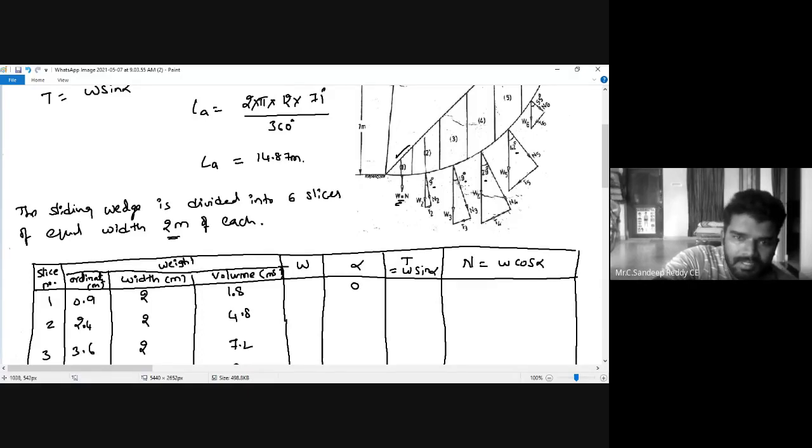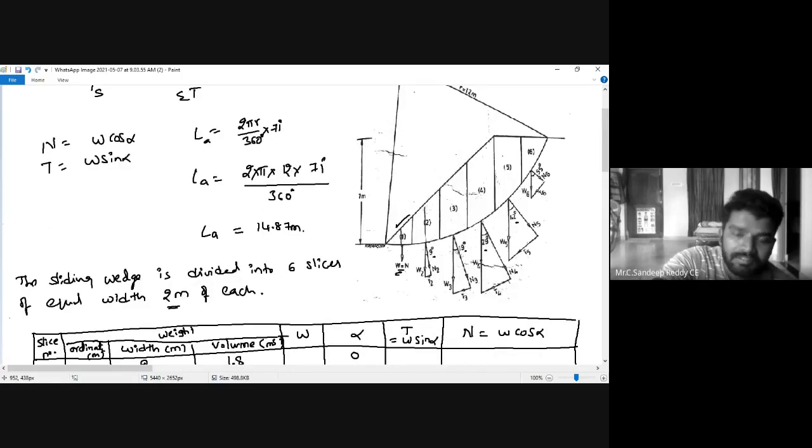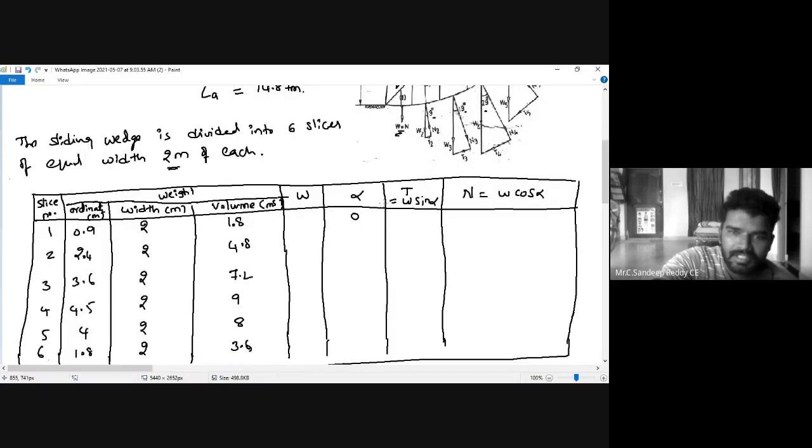Then 19 degrees, then 29 degrees, and so on. The sixth slice has 55 degrees. Let's write this first. First is 0, second is 9 degrees, third is 19 degrees, fourth is 29 degrees, fifth is 42 degrees, and the last one is 55 degrees.